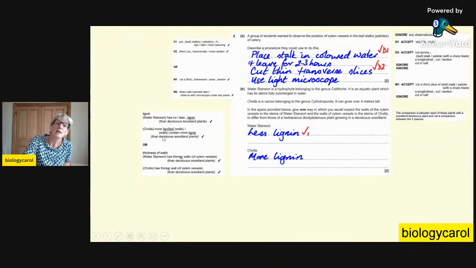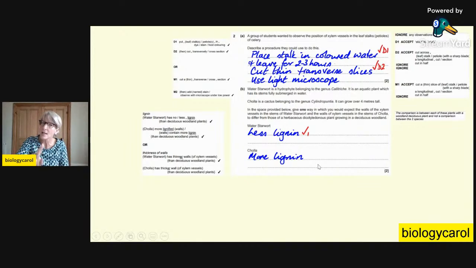Now, interesting here, they really wanted to know that these answers were in the context of the difference between these particular plants and a bog standard plant, as opposed to a comparison between the species.